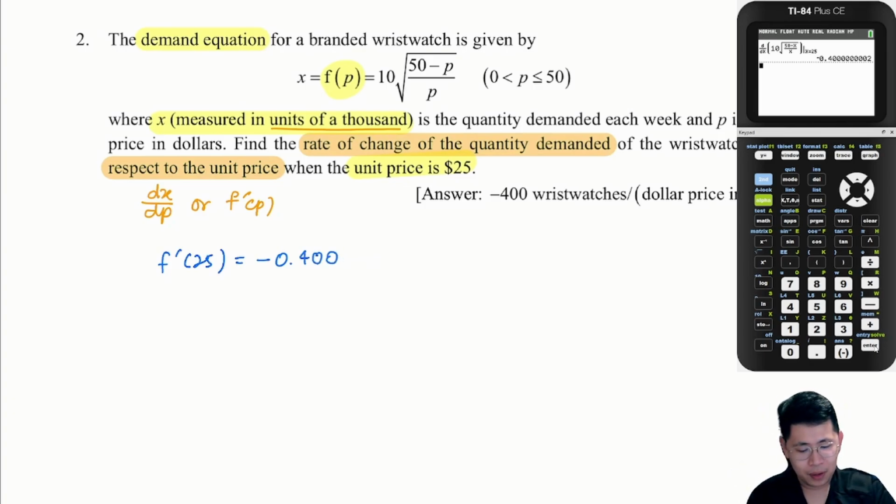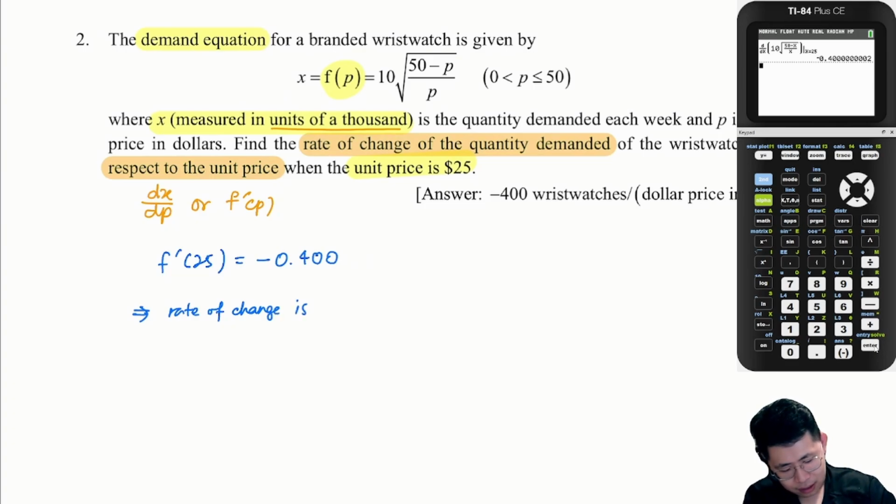Now, x is measured in units of 1,000, correct? So this tells me what the rate of change is. Let's write this in context. This is negative 400 wristwatches.